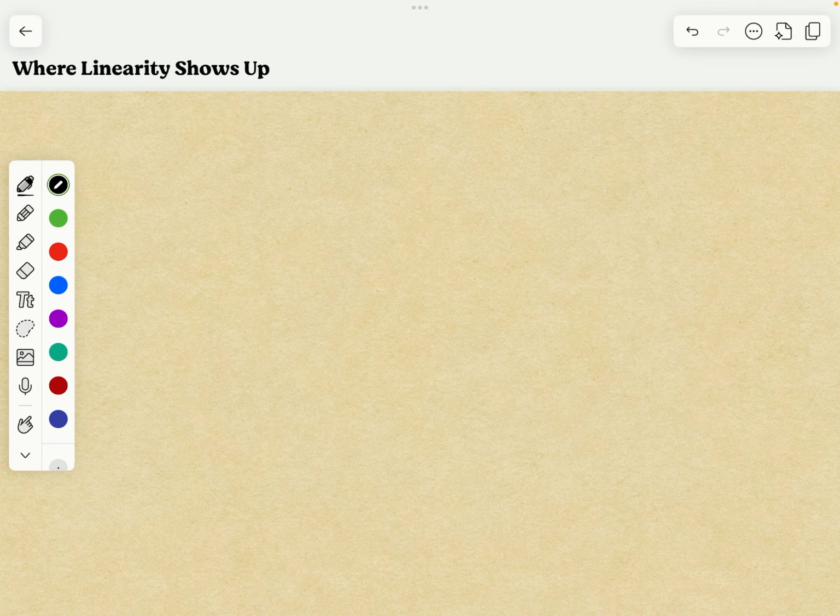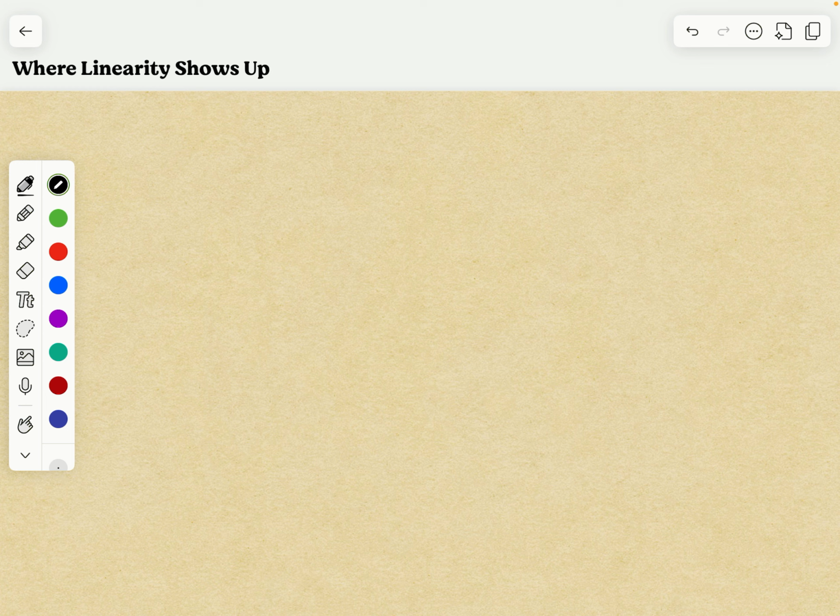This video is about where linearity shows up in different scenarios. So linearity is the general concept that when you take a linear combination of the inputs, the output must be the corresponding linear combination.